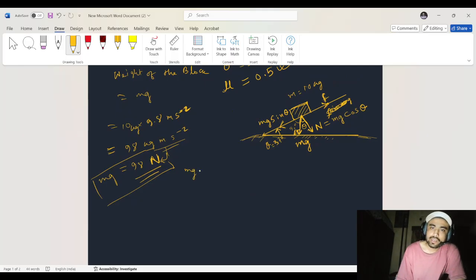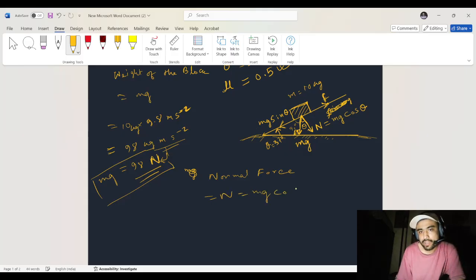Like mg, we can find out mg cos theta. Let me find out the normal force. Normal force equals mg cos theta. So mg is 98 Newton into cos, how much? The value of theta is 37 degrees. So let me open the calculator.